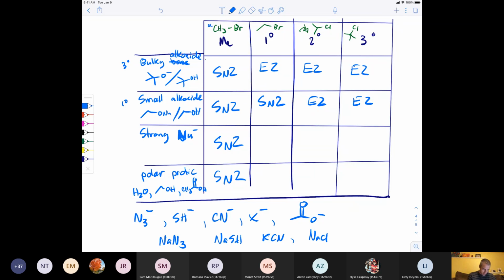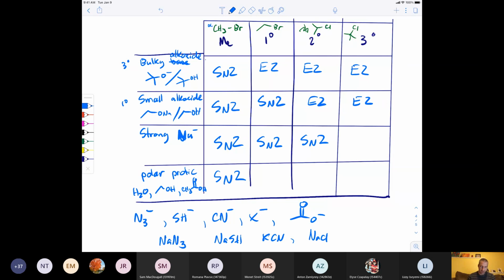Now, that's kind of it for the alkoxide group. Strong nucleophiles love doing SN2s. So it'll do SN2 with the methyl, as we already said. It'll do SN2 as well with the primary. It'll also do SN2 with a secondary, but it's starting to get a little cluttered, right?